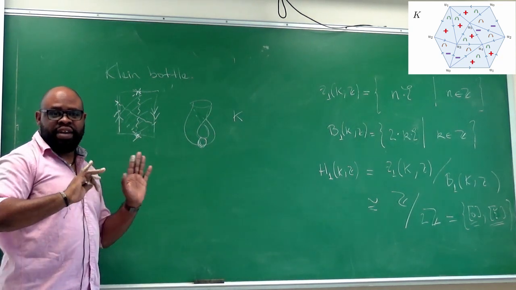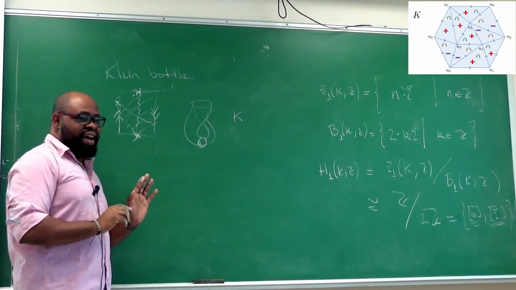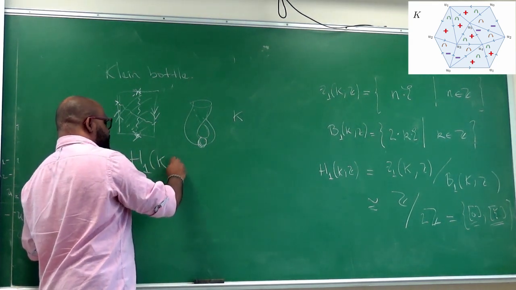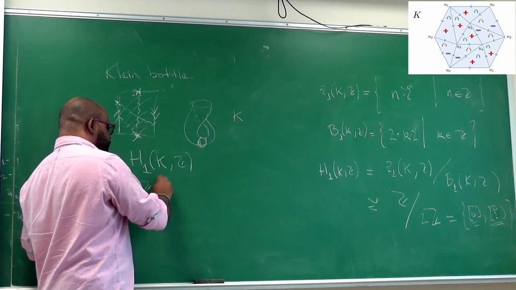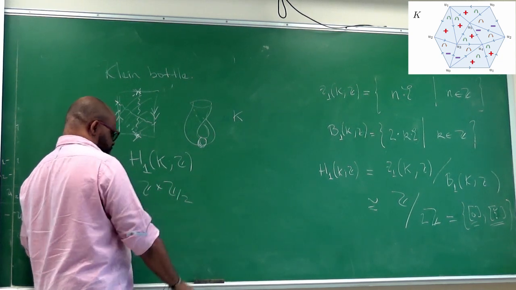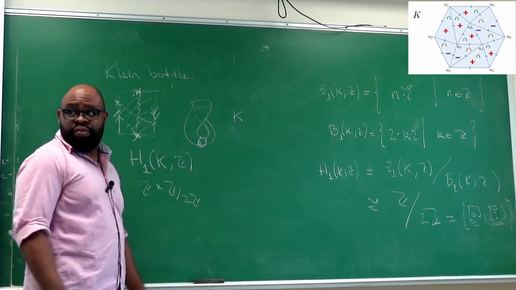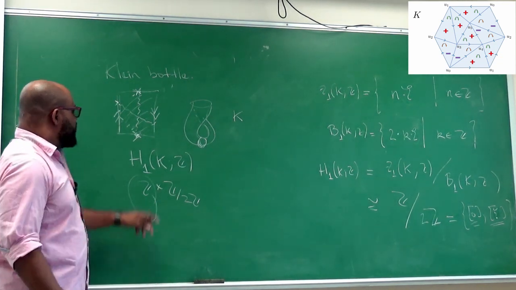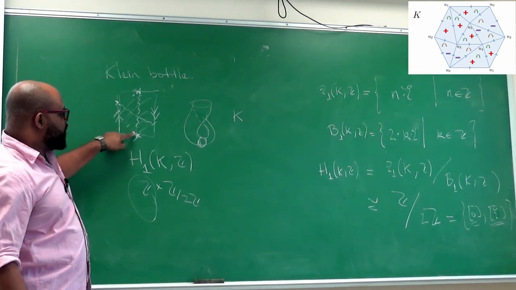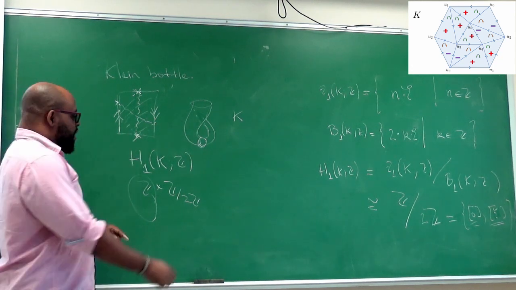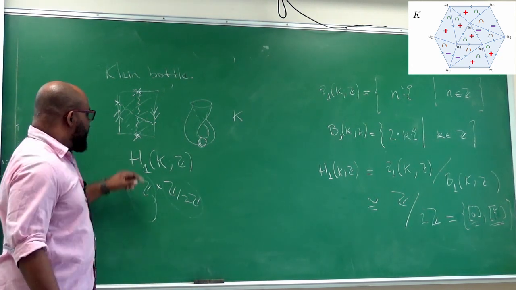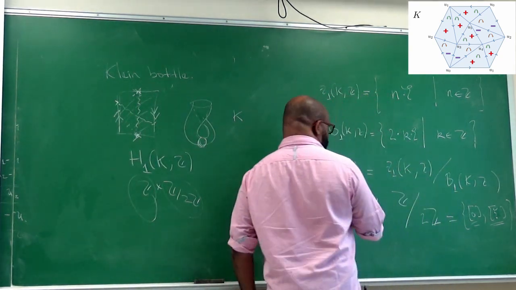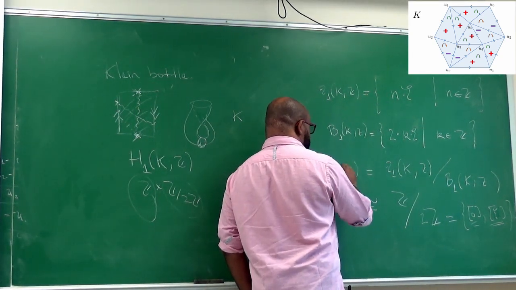And I'm going to be very hand wavy here. All of this to say that if you compute the homology of the Klein bottle, you should get Z cross Z2. In other words, you get one of these guys that essentially accounts for this cycle, and you get one of these guys that accounts for the other cycle that has a similar behavior to RP2. So perhaps it is good to just write here RP2.